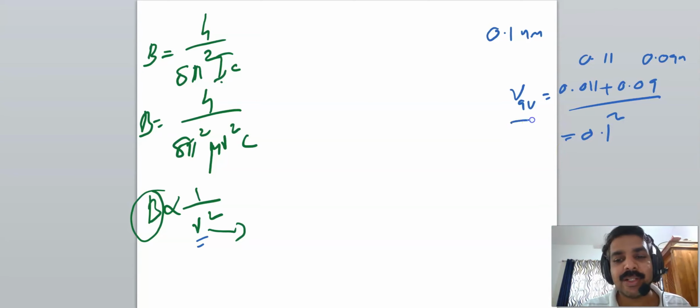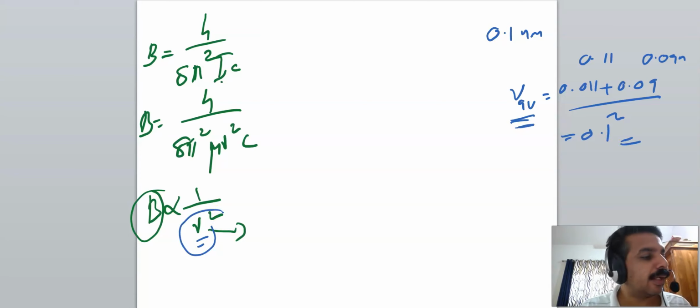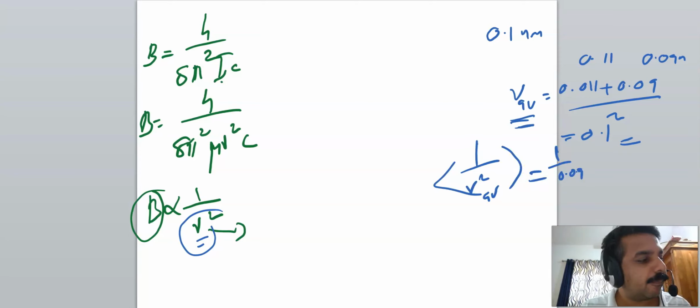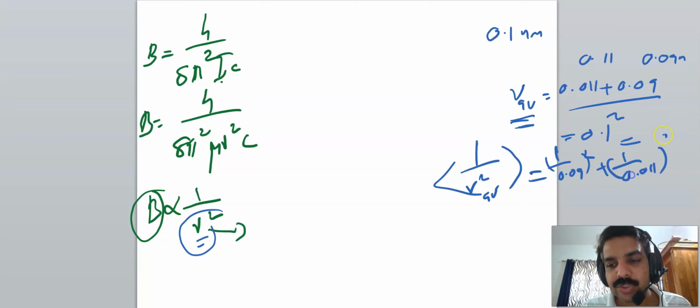In this case the average bond length is unchanged. But if we consider 1 by r squared, then the average value of 1 by r squared is equal to 1 by 0.09 squared plus 1 by 0.11 squared, divided by 2, and that is equal to 103.05.